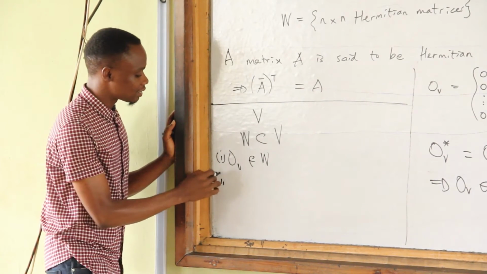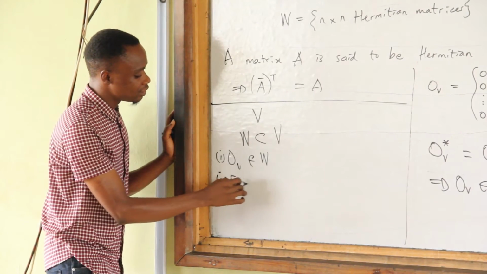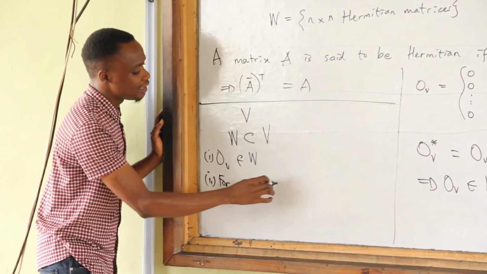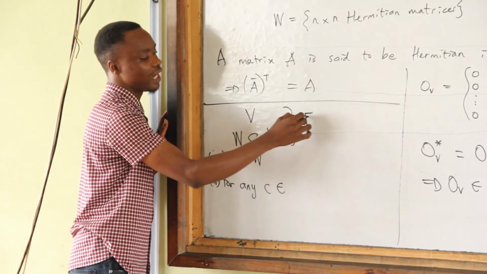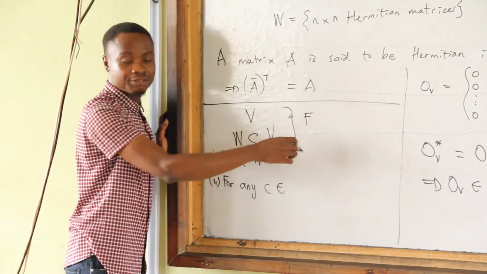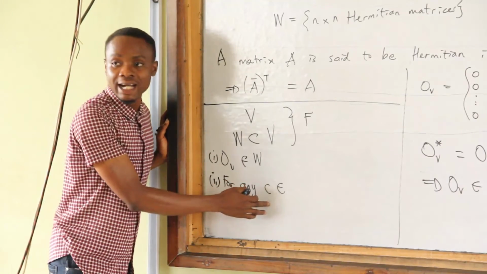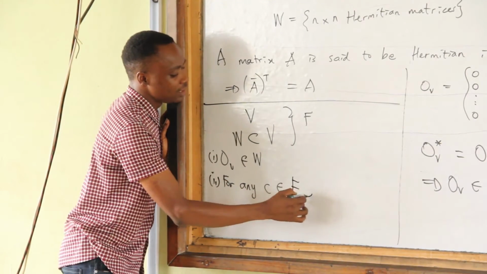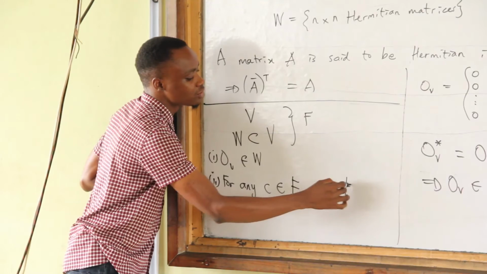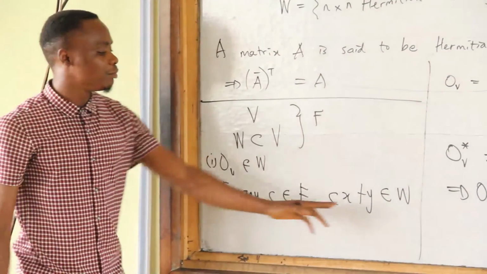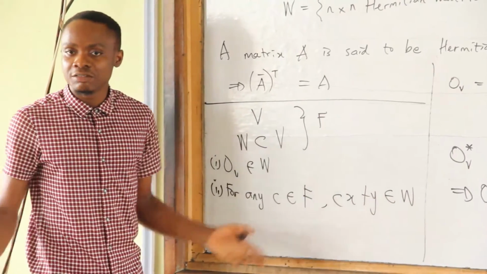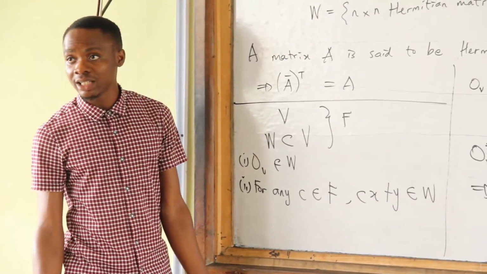The next thing is that for any c, an element of the field of scalars over which this has been defined, cx plus y must also be an element of W. c can be any scalar in the field. Do you understand what I just said?